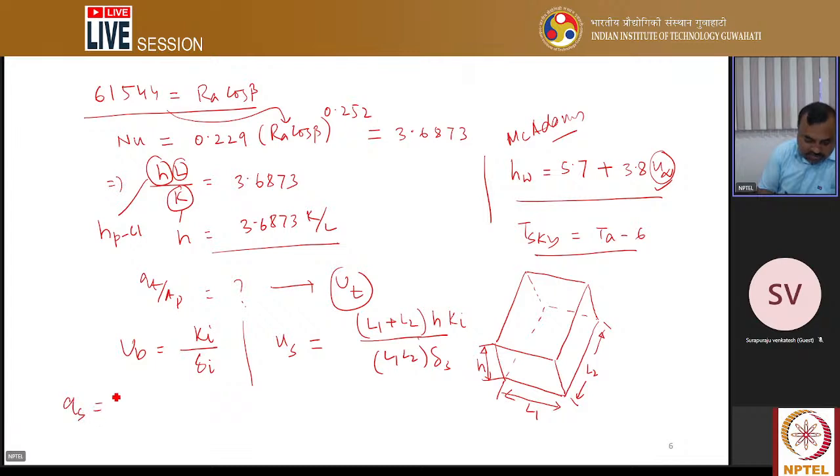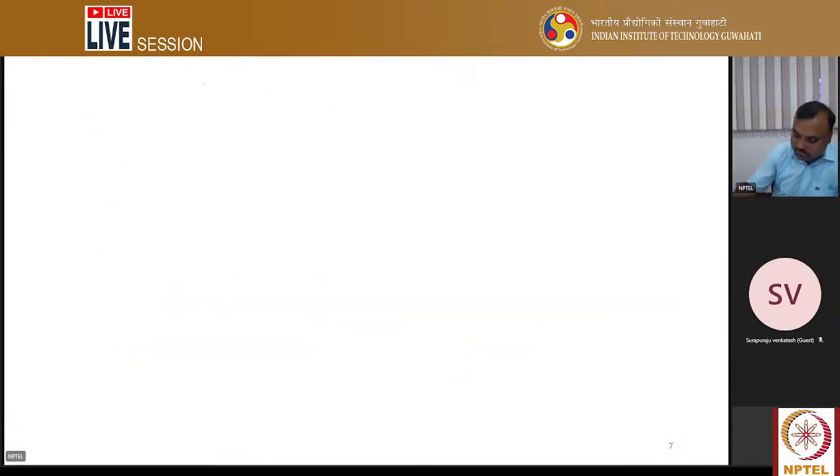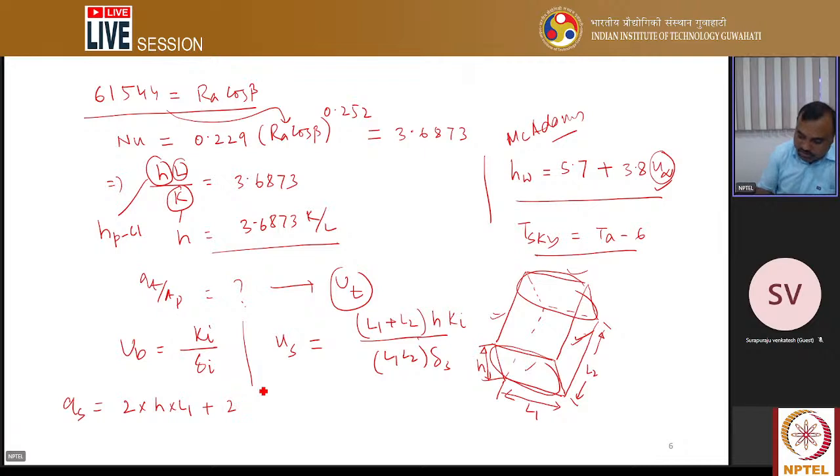Here, when we start with Q side, S is something like 2. How many sides are there? We have this side, this side, and this side, and this side, right? This side area and this side area are the same. So we can write 2 into H into L1, plus 2 into this side and this side, H into L2, right?